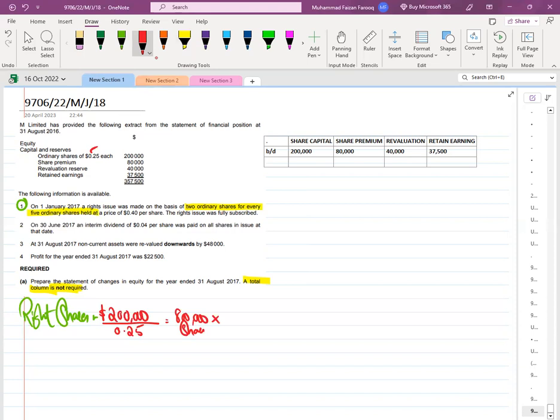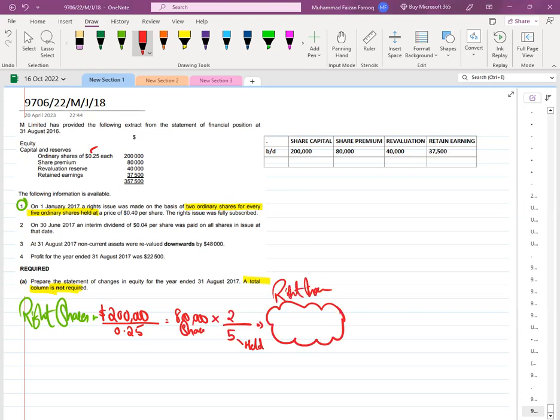How should I apply the fraction? 5 divided by 2 or 2 divided by 5? 2 divided by 5. I told you. Held is always the denominator, so this is the trick. So how many rights shares did we get? We got 320,000.